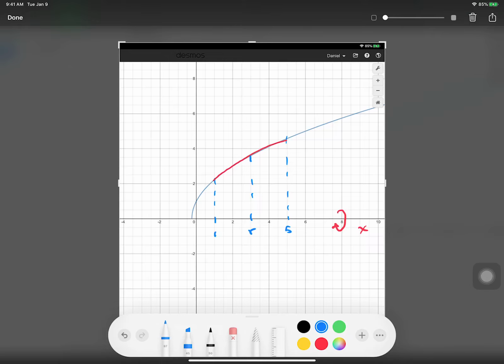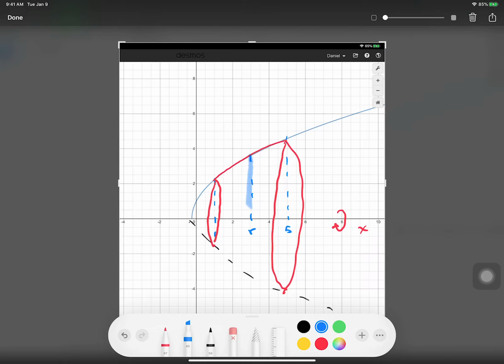Here's going to be your radius, because you're going to rotate this about the x-axis. So here's my point. Here's where your radius would be.